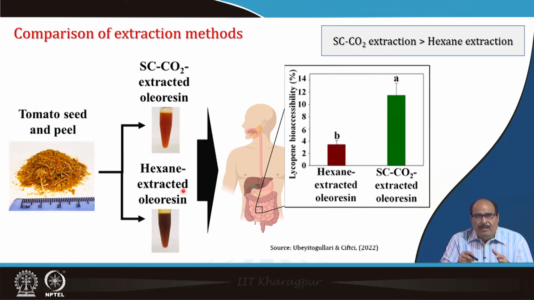They assessed the bioaccessibility of the lycopene, and it was found, very interesting information, that the supercritical carbon dioxide extraction gives much better biological accessibility compared to the hexane extracted oleoresin.